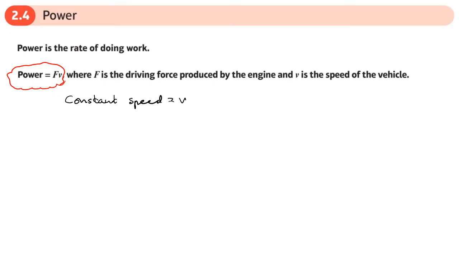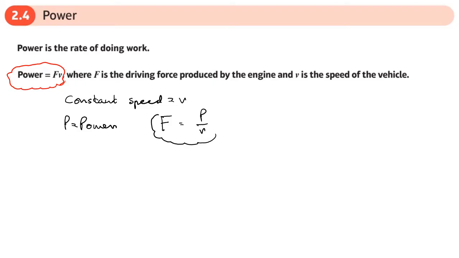And you may find it more helpful to rearrange this, if I use P for power, and then actually say your force is equal to the power over the velocity.